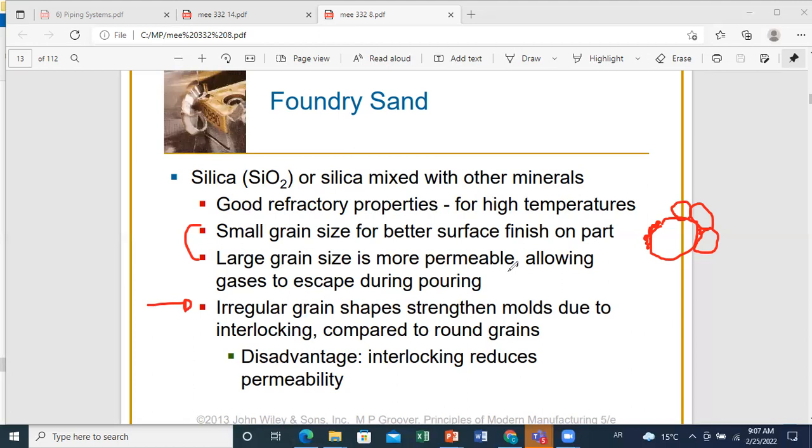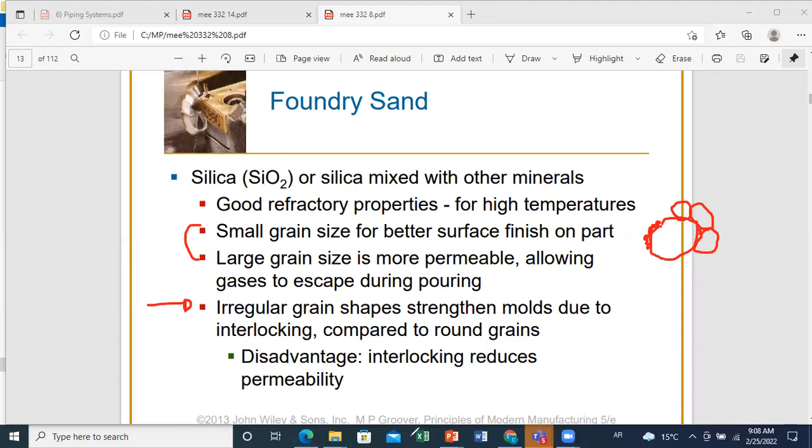So this is what we call irregular grain shapes, which will strengthen the mold due to the interlocking effect compared to round grains. Now, the disadvantage of interlocking grains, which increase the strength, is that if you want to create some block for gas escape, interlocking reduces permeability.